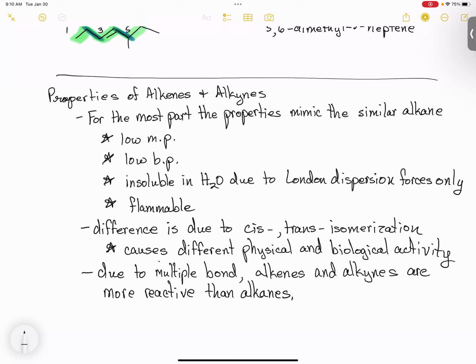Folks, this comes back to that dietary thing I mentioned at the very beginning. Alkenes and alkynes are considered to be unsaturated, whereas alkanes are saturated.